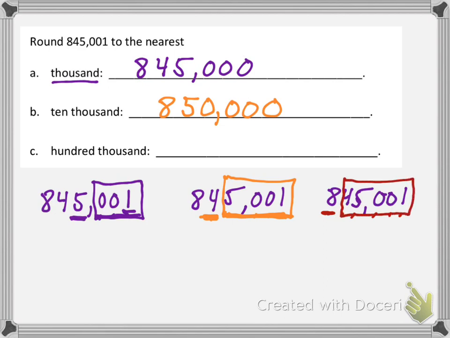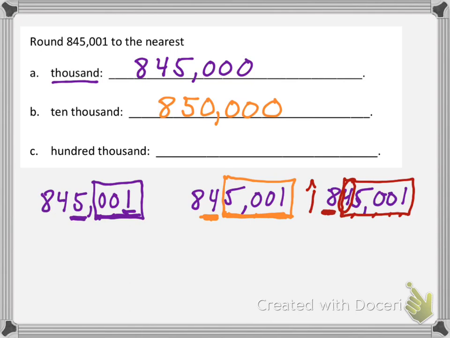And it's a 45,000. Now we need to say, is this closer to 800,000? Or if we round up 100,000, it would bring us to 900,000. Which one are we closer to? Well, because of this number right here, it's a little less than that 50,000 mark, that midway point. It's just a little less. It's 5,000 less.